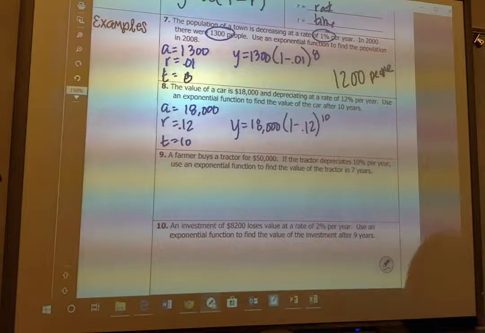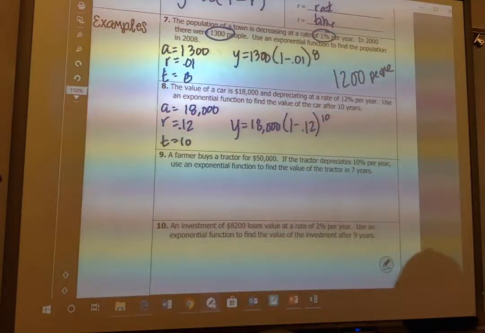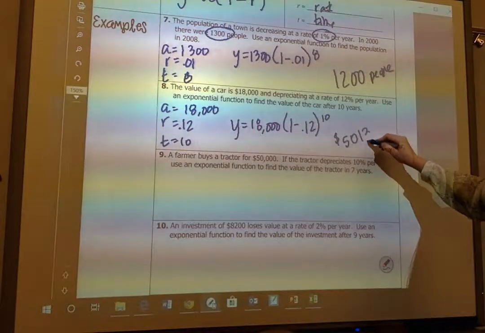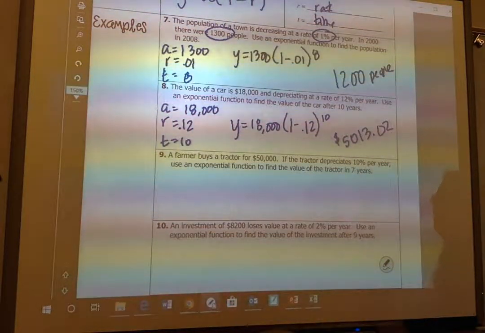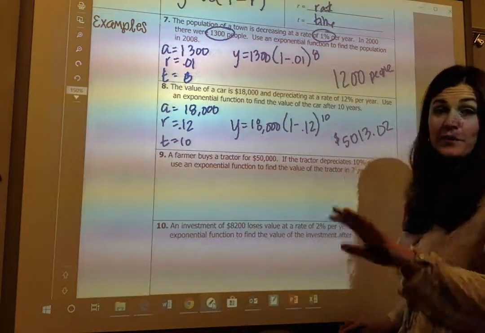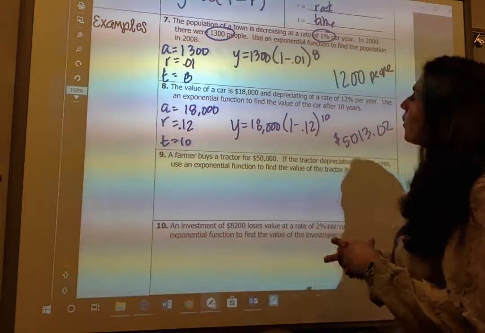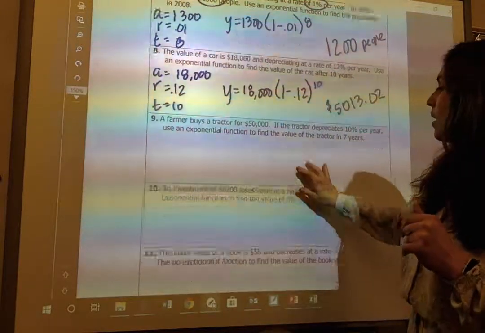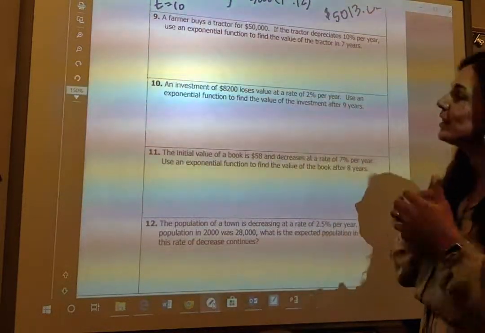And when I input that in my calculator, this is number 8, I get that the car is worth $5,013.02. So after 10 years, that's my value. Now, if you have some fancy truck or car, it may not depreciate that much, but typically it's about 12% each year.